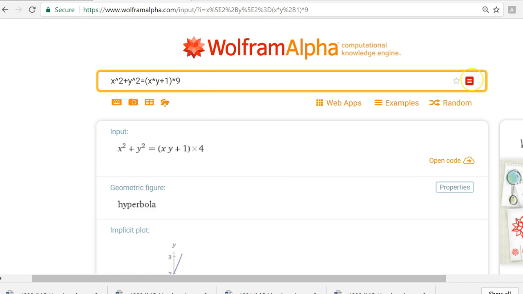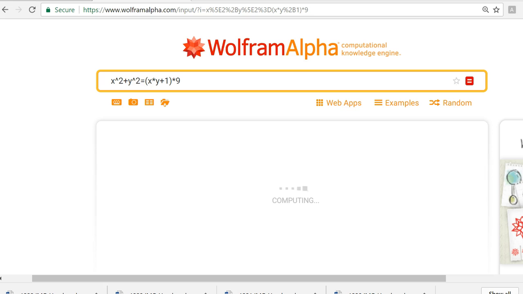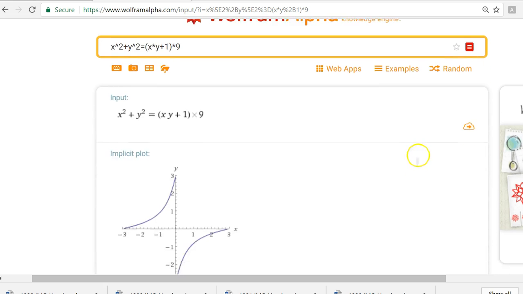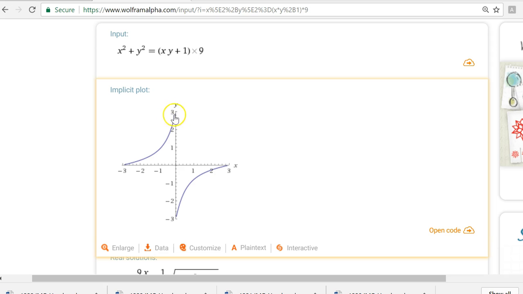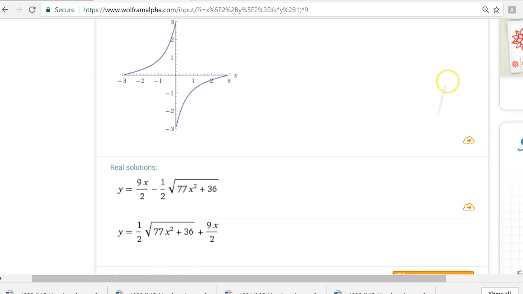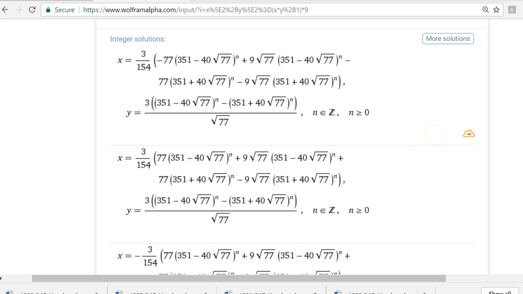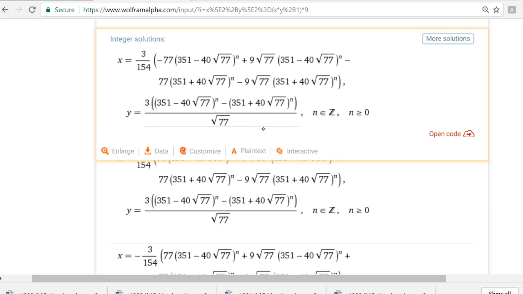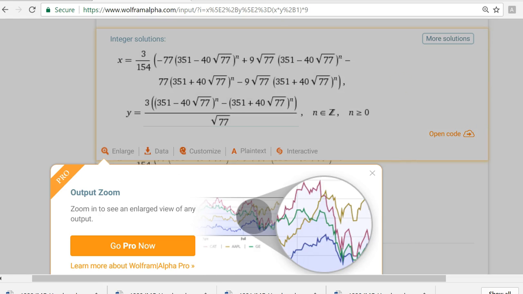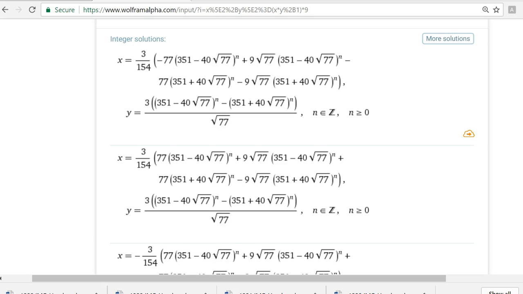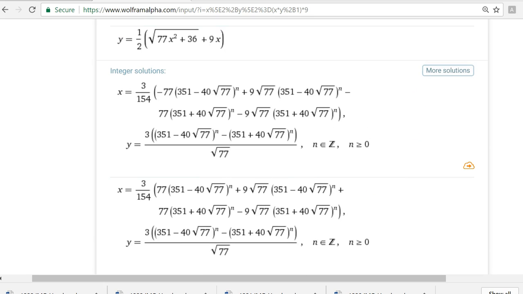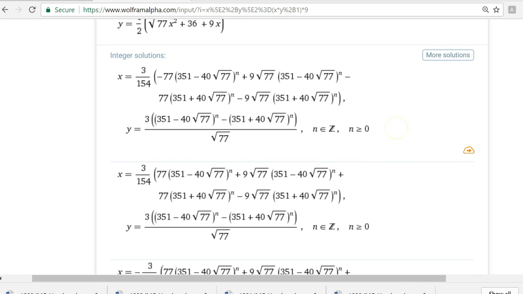When you do the computation with 9, you will see that the function will, as we claimed, go through the point (0, 3), and it will further give you some integer solutions. And look at this parameterization. This is just amazing, very unexpected. In fact, you can even express all this in terms of q, but I will not go into that. I leave it to you guys as homework as well.